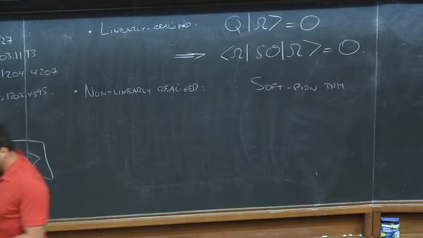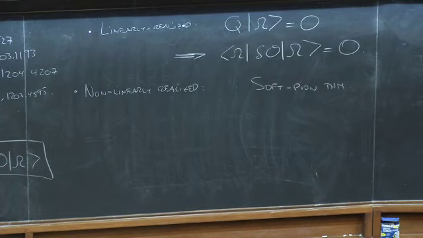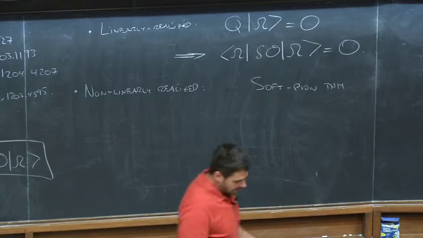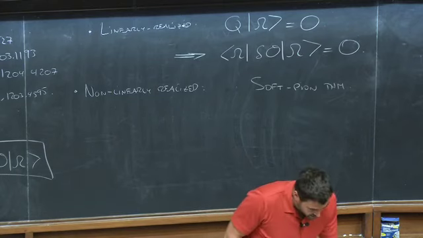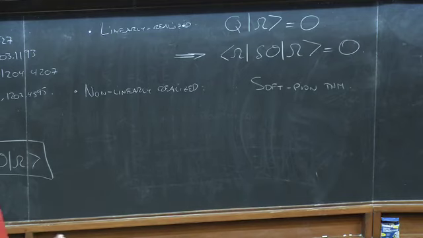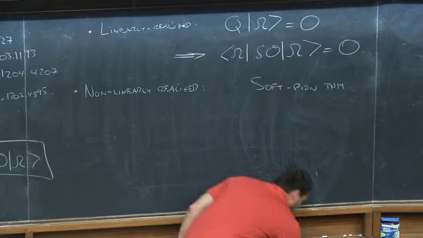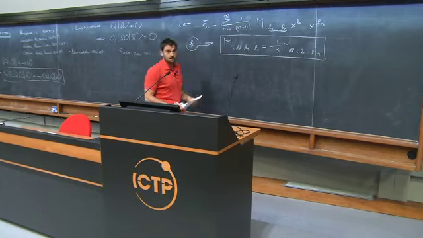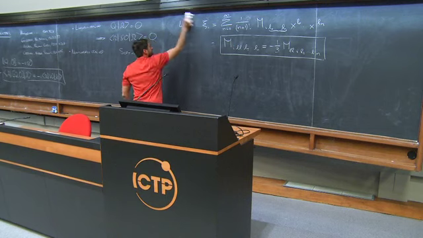Okay? So this is what we want to do. We want to compute a soft pion theorem for our symmetries. And it will suffice to simply focus on dilation, just to illustrate the method. And then once you've done it, the method can be applied to anything. In fact, it's easy to do it for all these x to the n transformations. So let's do it.